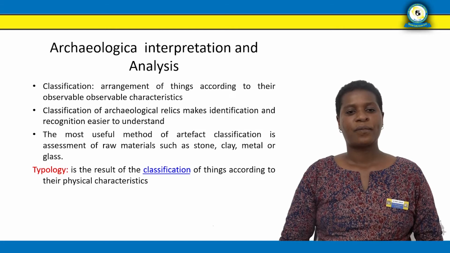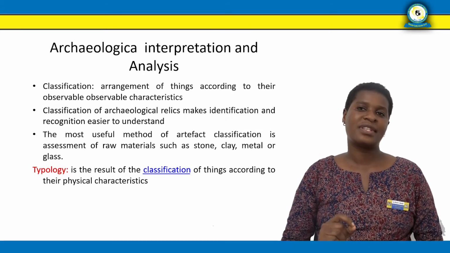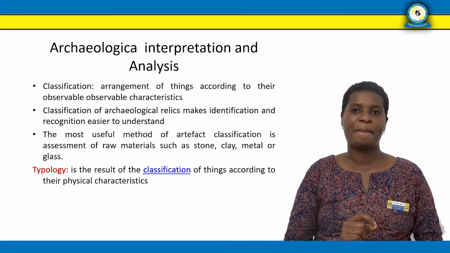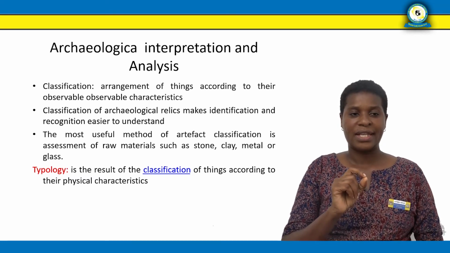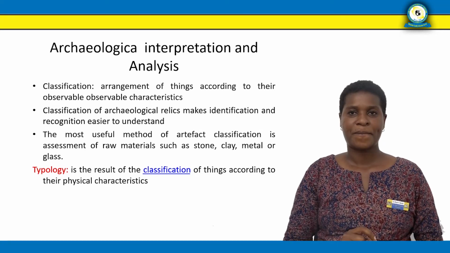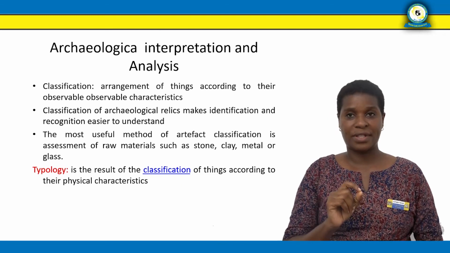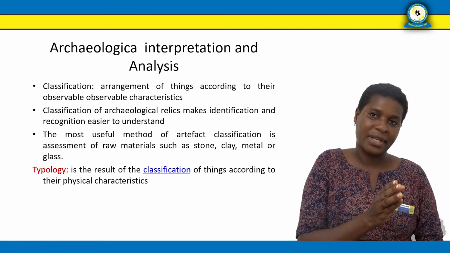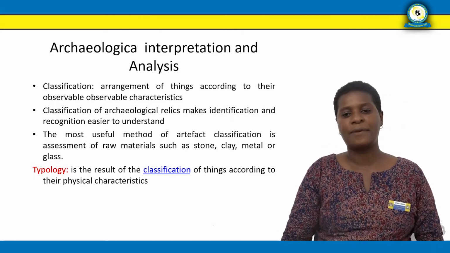And therefore, in doing that classification, there is something known as typology. Typology is the result of classification. When you are grouping according to their nature, let's say raw materials, so we go to typology.